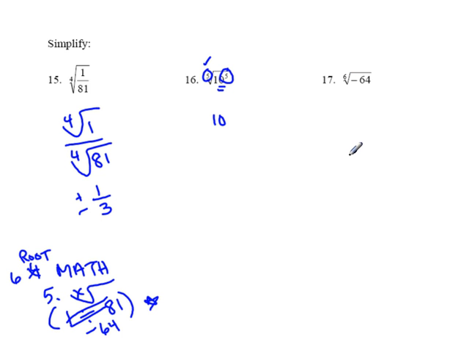If you think about it, there is no number that you can multiply by itself an even number of times and get a negative number. So this is not possible, and you could either write no solution or not possible.